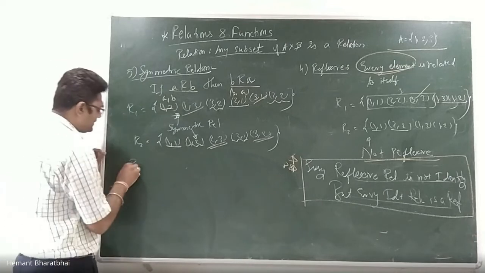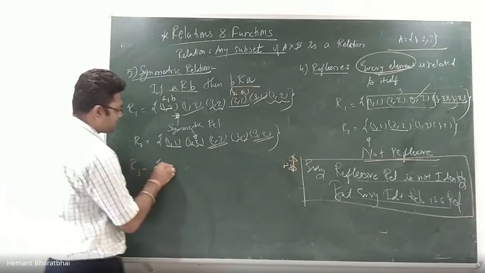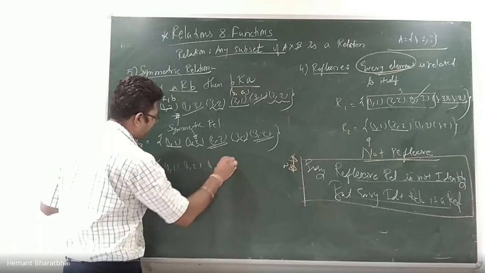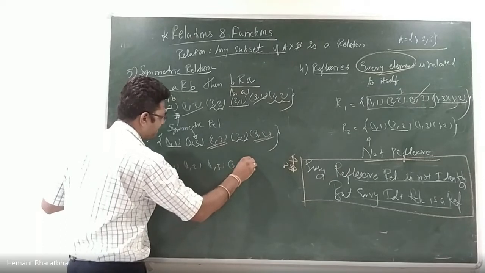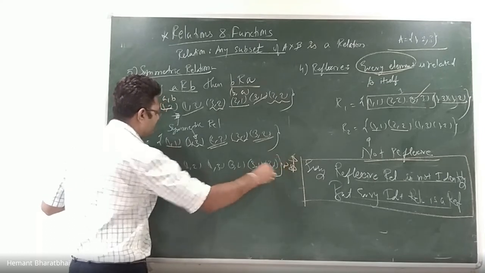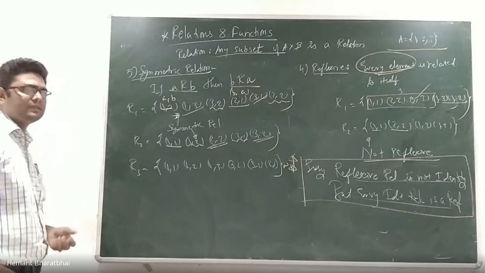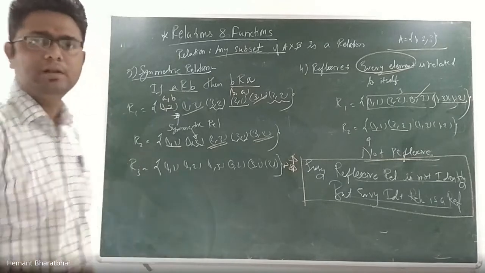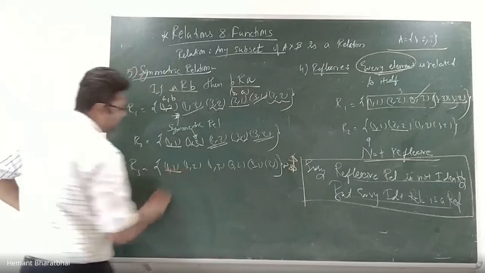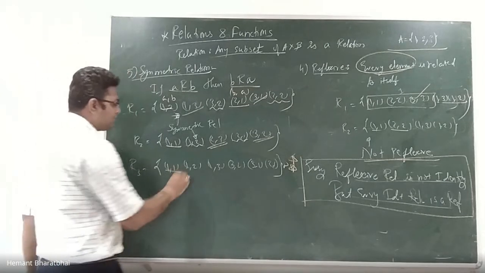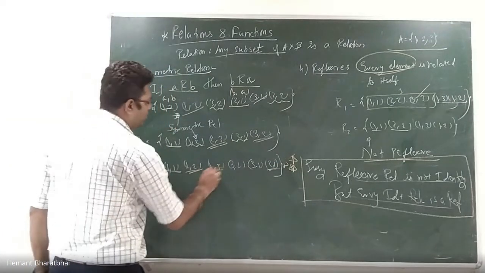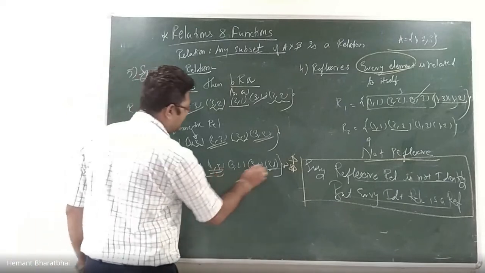Let me give one more example. Now, look and tell me, is this a symmetric relation? (1, 1): it has its pair, (1, 1) only. (1, 2): it has its pair, yes, (2, 1) is there. (1, 3): it has its pair as (3, 1).